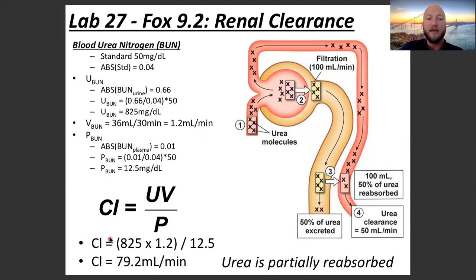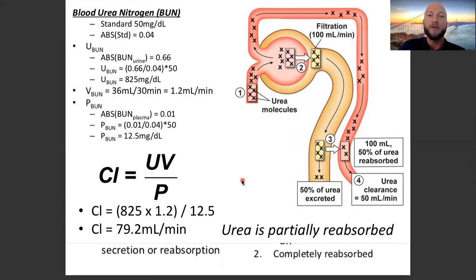So let's look at our math. Clearance is equal to concentration times volume, so 825 times 1.2, divided by plasma concentration, 12.5, gives us a clearance of 79.2 milliliters per minute. When you see a clearance that is lower than the filtration rate, but greater than 0, it's partially reabsorbed. Some percentage of it will be reabsorbed.